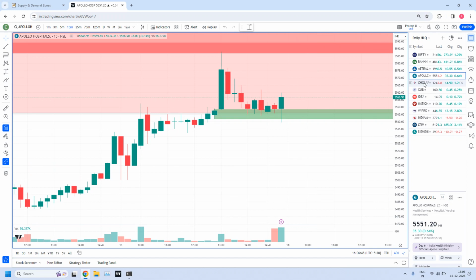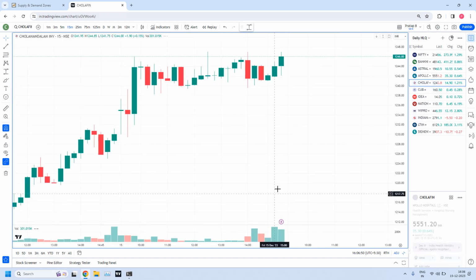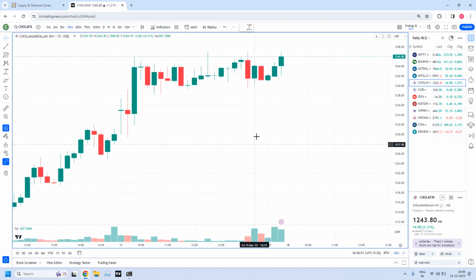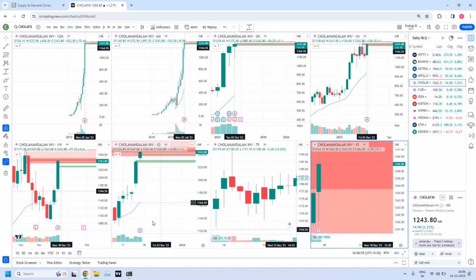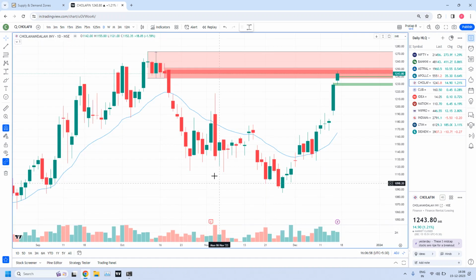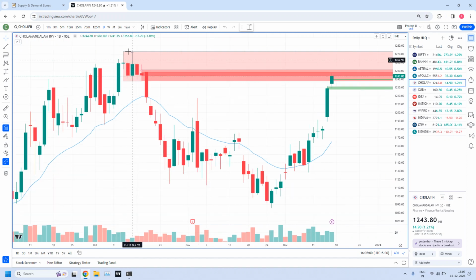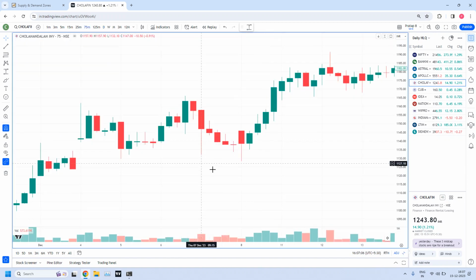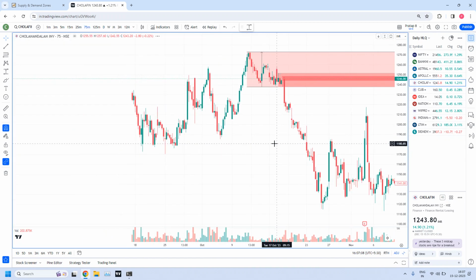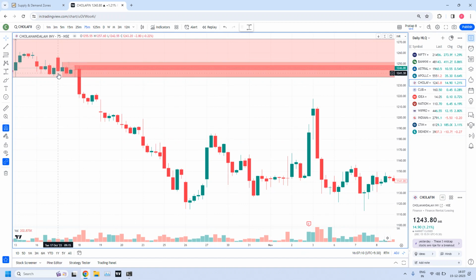The next one is Cholamandalam Finance. We got an entry, but unfortunately we got completely stuck in the trade. Let me show you how. It is a daily zone, and inside it we identified a fresh 75 minute zone. We have a drop, 4 base candles and a drop.